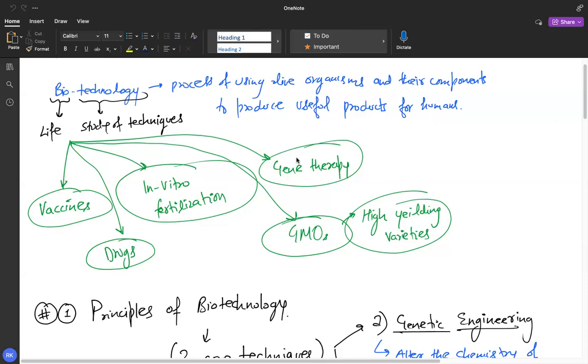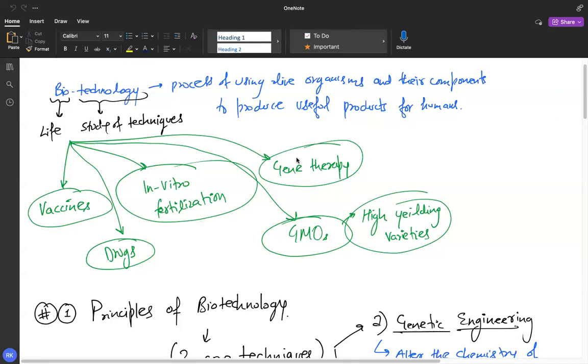So it is the process by which we use living organisms or the components of a living system to produce useful products for human beings. So basically the whole idea is that we use biological processes or products for the welfare of humans, right?